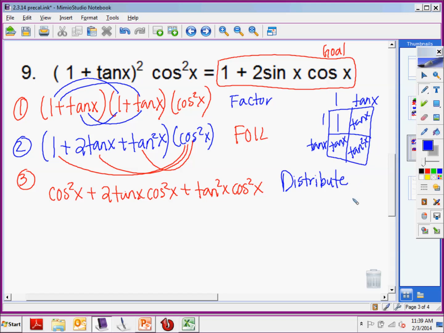Alright, so here we go. Step 4 is now, is it more conducive to put everything in terms of sine and cosine? Alright, first term, is this one good to go? Yes. Good to go. Second term? It's not. So who needs to change? And how can tan change? Sine over cosine. All right. Good. Last one. Who needs to change?